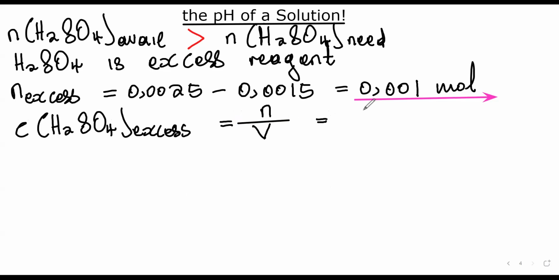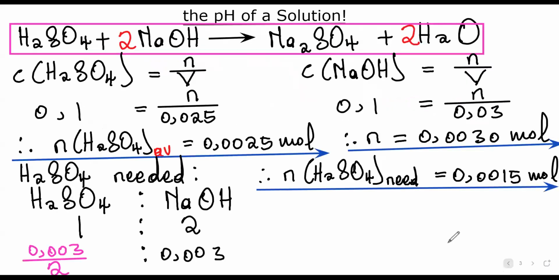I want you to pay attention here. The volume that you're going to use is not the volume of the acid. It is the volume of the solution. And the solution here is sulfuric acid and sodium hydroxide, which means that we need to add those two volumes up.